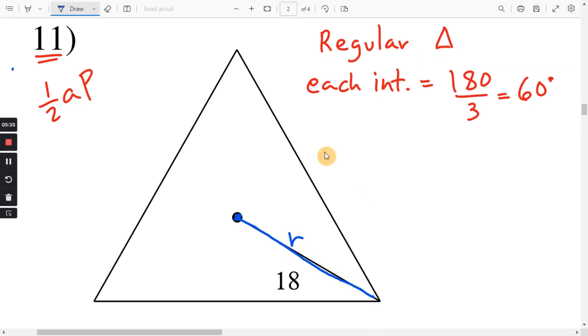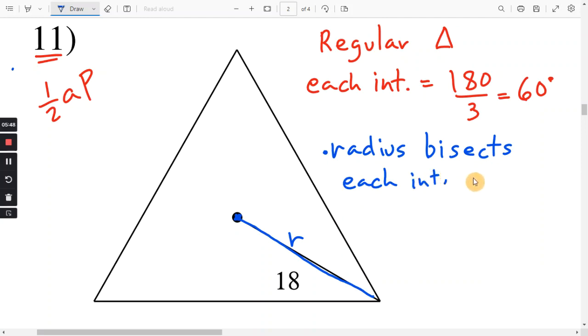And we said before that the radius bisects each interior angle.